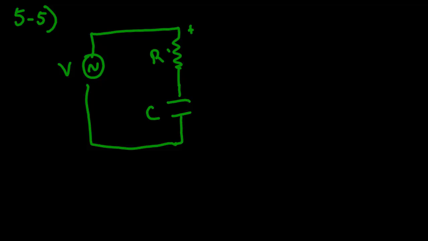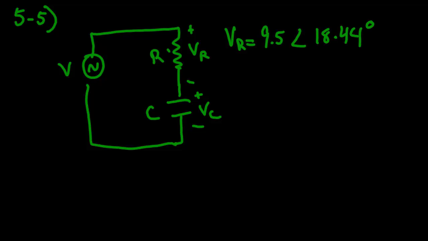Let's see, plus minus VR, plus minus VC, and we're given VR. VR is equal to 9.5 at an angle of 18.44 degrees. VC is equal to 3.16 at an angle of minus 71.56.